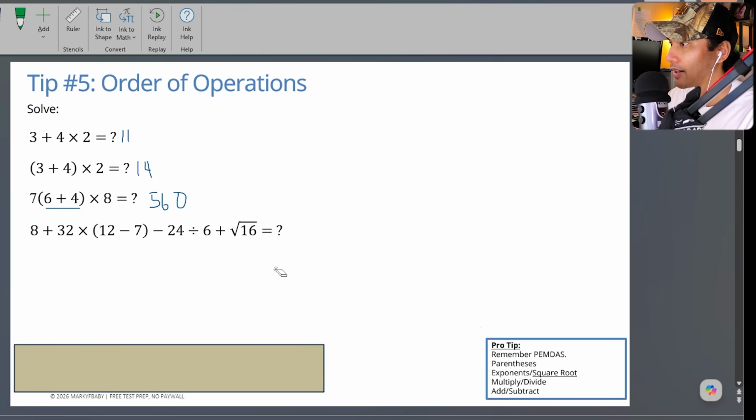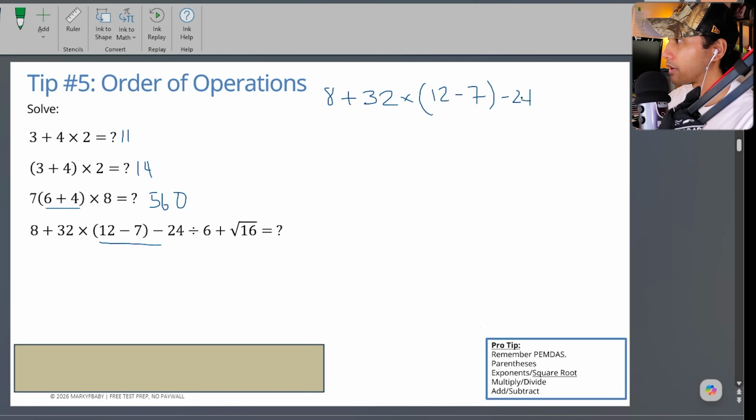Anyway, well, what do we do first? PEMDAS, right? P, parentheses. I see the parentheses over here. So I'm going to write everything down slowly. 8 plus 32 times 12 minus 7 minus 24 divided by 6 plus square root 16.